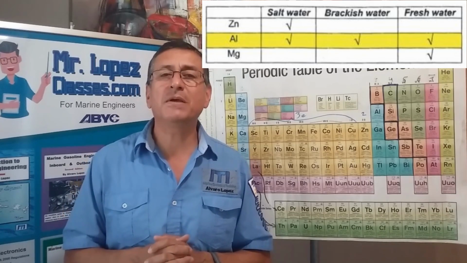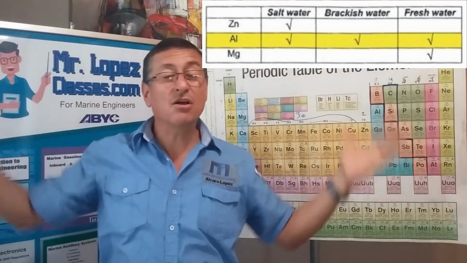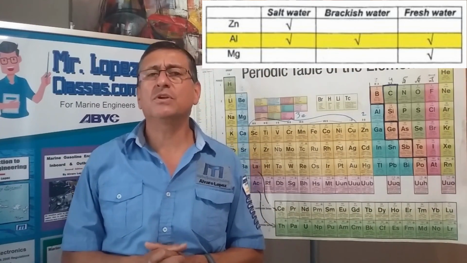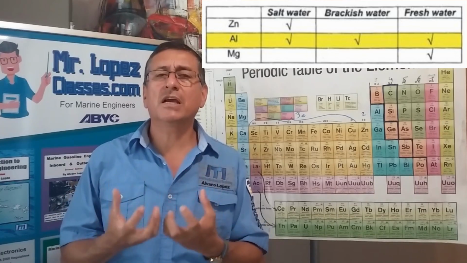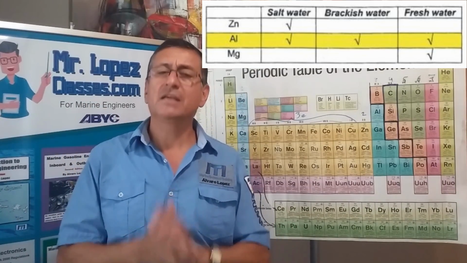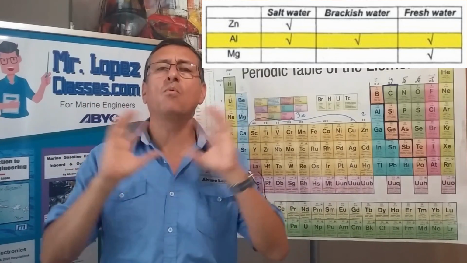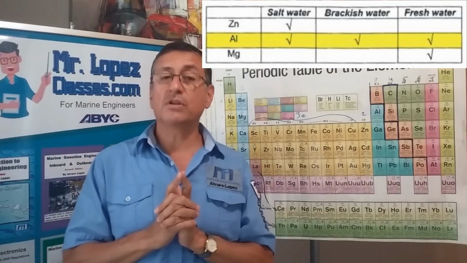Is zinc expensive? No. And there is a lot of zinc on the Earth. For that reason, zinc is the preferred material used to protect against corrosion in marine environments. Zinc is excellent in saltwater environments. Magnesium is good in freshwater environments.